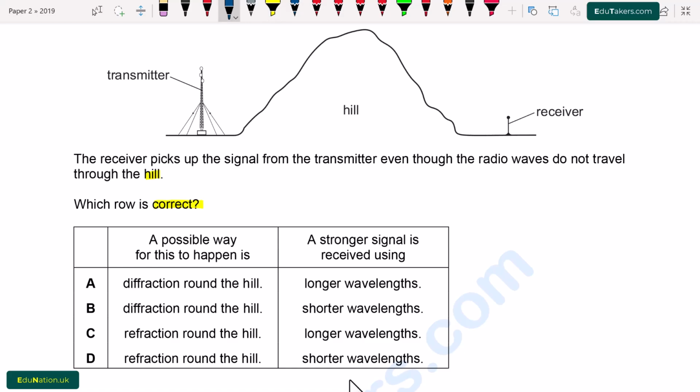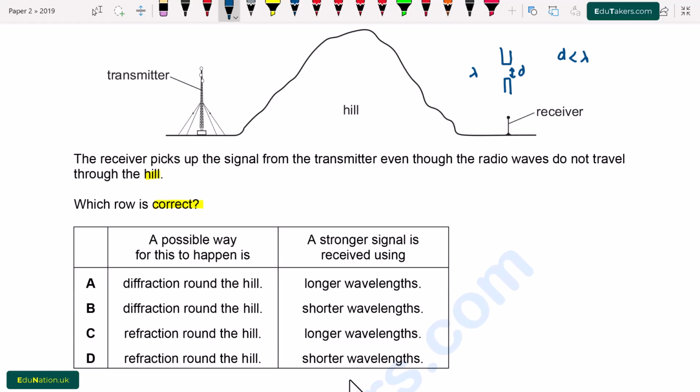First of all, when a wave of longer wavelength diffracts, the wave spreads out to a large extent after diffraction. Suppose there is a barrier, and the separation of this barrier is represented by D. When the waves approach this barrier, the wavelength of the wave is lambda. If the separation is smaller compared to the wavelength, then there will be more bending or more diffraction.